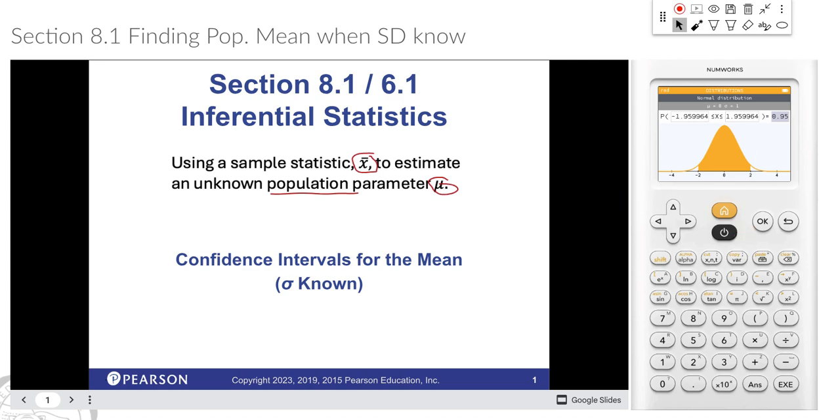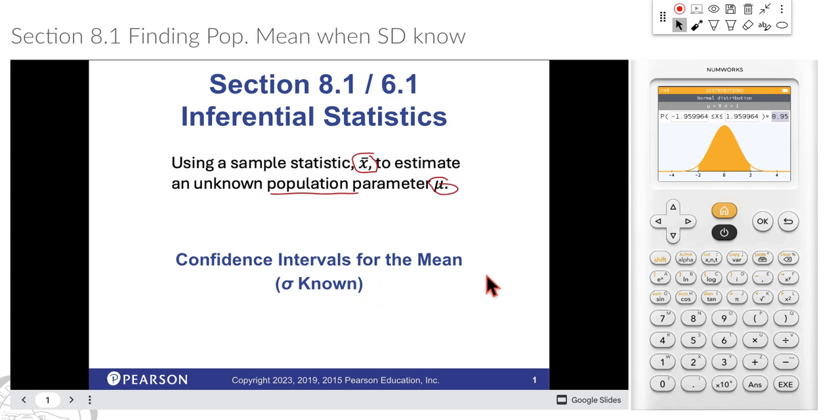The broader topic of what we're talking about is called a confidence interval. We're going to calculate what a population mean might be using confidence intervals. And in this first step, we're going to assume we have knowledge of sigma, the standard deviation of the population.